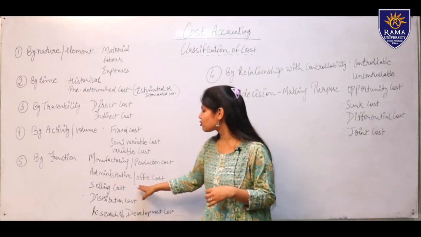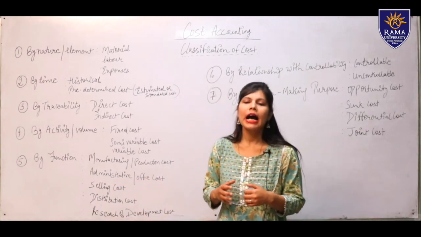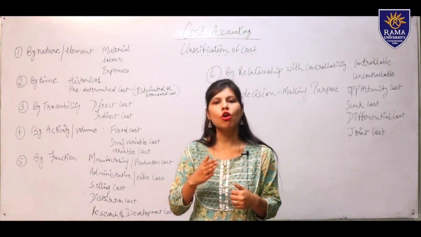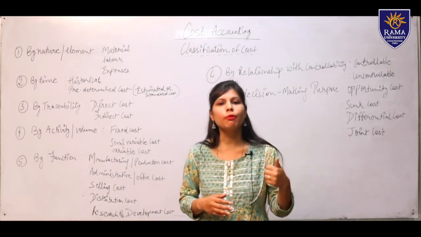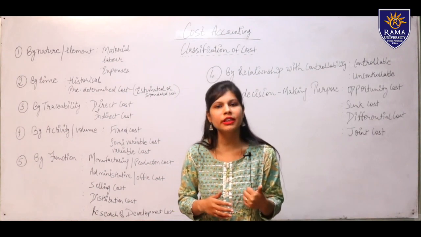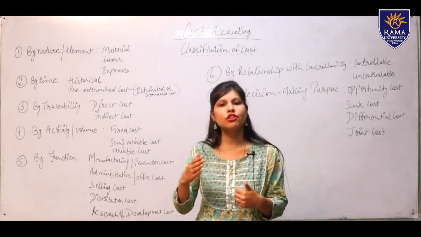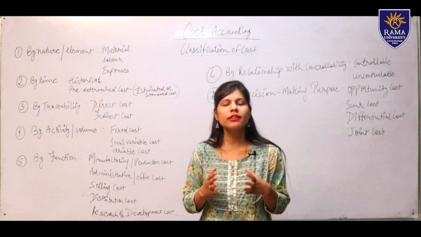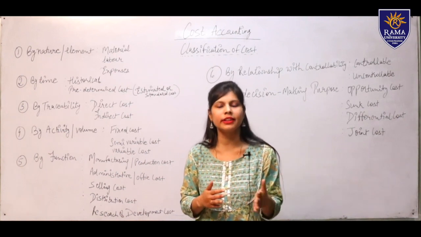Next we have administrative or office cost. Administrative cost is the cost of formulating and regulating the policies or giving directions to the employees. This is the cost incurred while doing all these things.